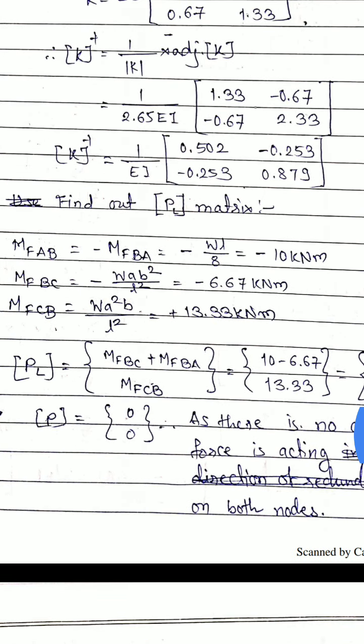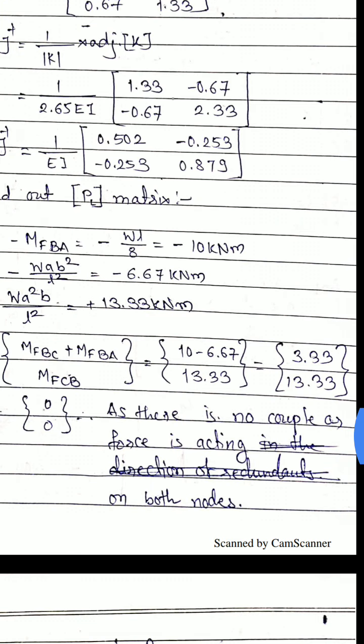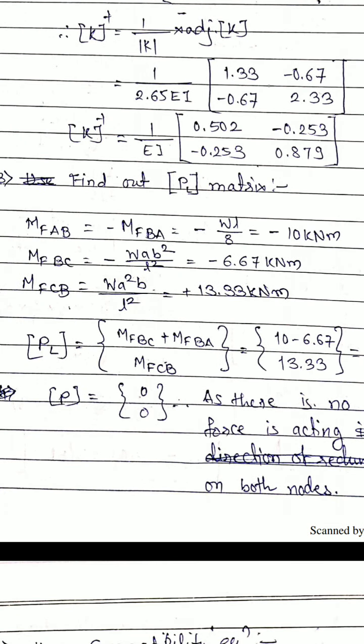That means MFBC plus MFBA has to be the first element of your column matrix, and next MFCB is your second element. So MFBC is plus 10, MFBA is minus 6.67, which comes out to be 3.33, and next MFCB is plus 13.33, as it is. This is your PL matrix, which is the moment matrix due to external loading.